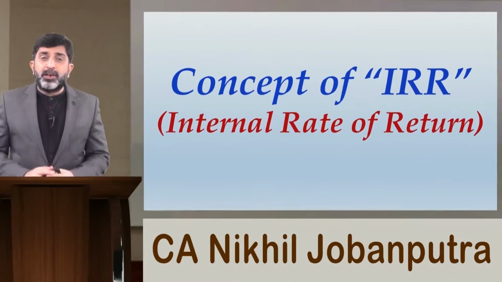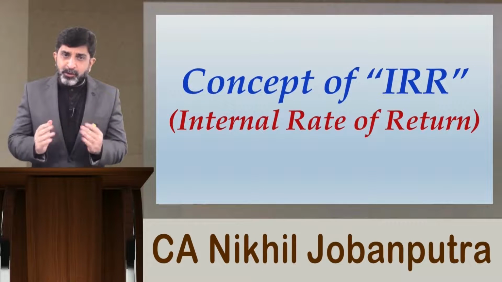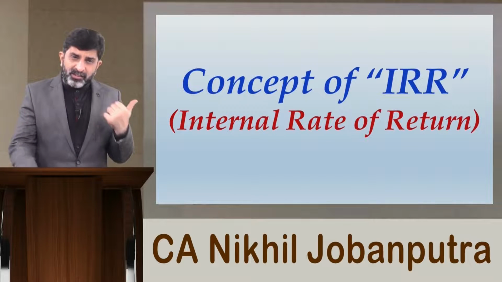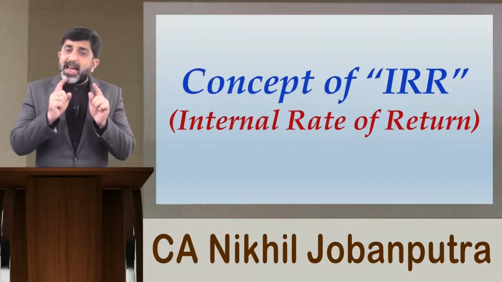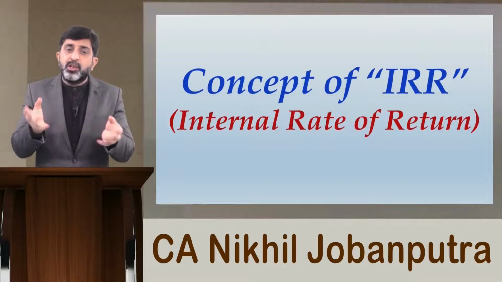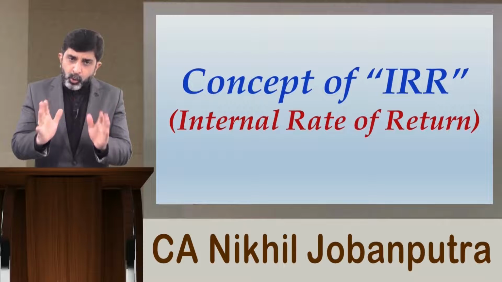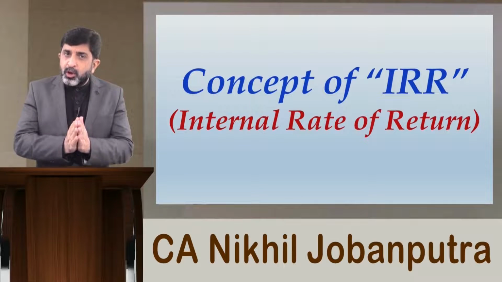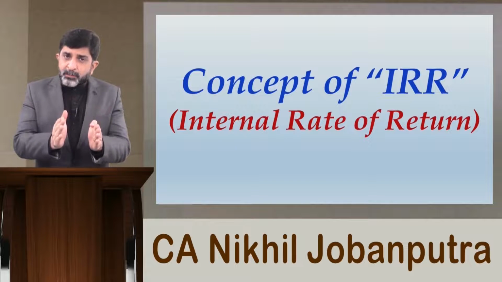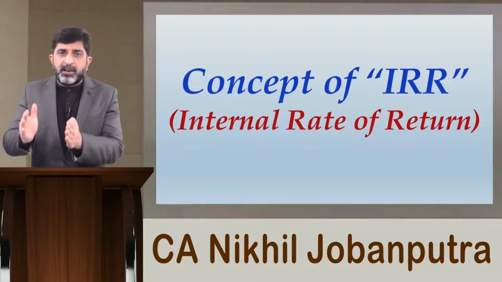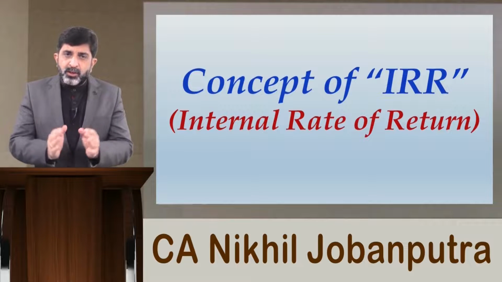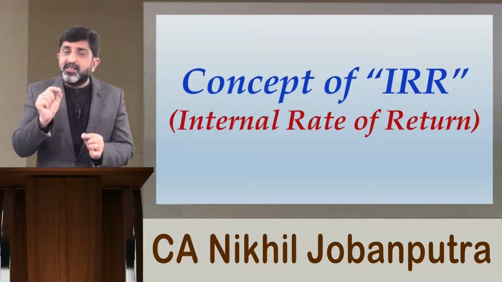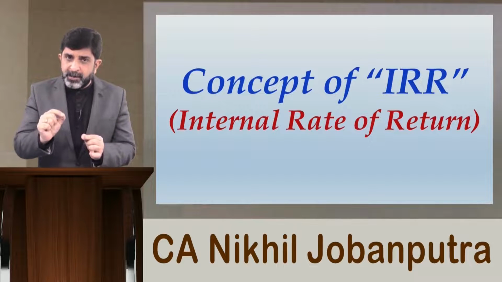So please carefully try to understand the concept first. What we have observed from the previous question, you have analyzed a project using the NPV approach, or the NPV method. What did you notice? You have tried computing the NPV of that project using different discounting rates. So we have already discussed what exactly is the proper meaning of NPV.